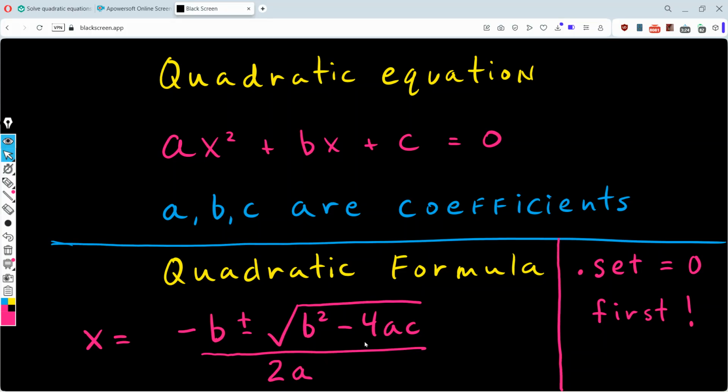This 4ac means 4 times a times c. This 2a, of course, means 2 times a. And it's going to be plus or minus. So there's often going to be two solutions. You have to do both plus and minus.